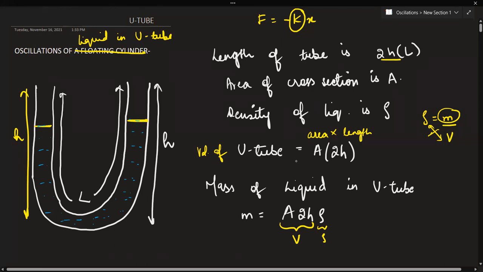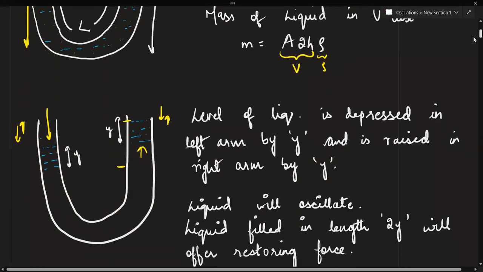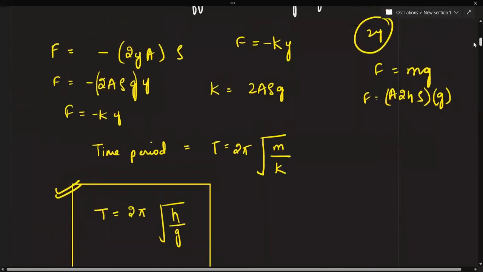You can copy down the derivation, but what you mainly have to remember is this part. See, F is equal to mg, as you know. F is equal to mass multiplied by g. Now see, density is equal to mass by volume. So mass will be density into volume.